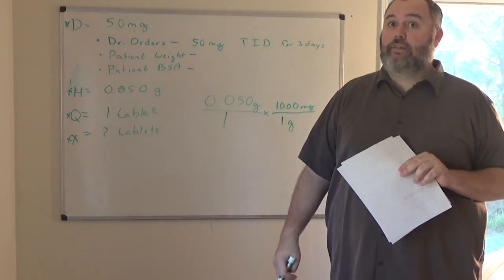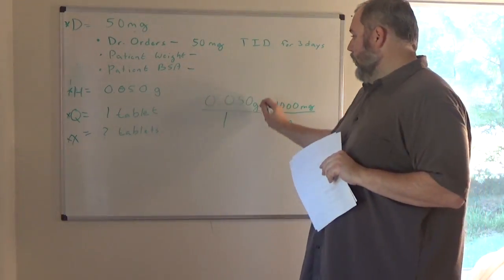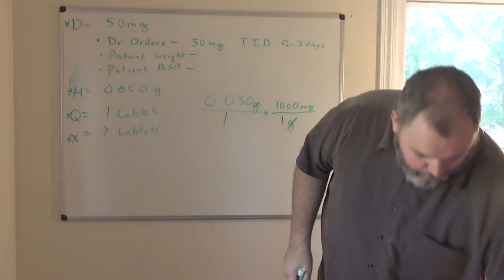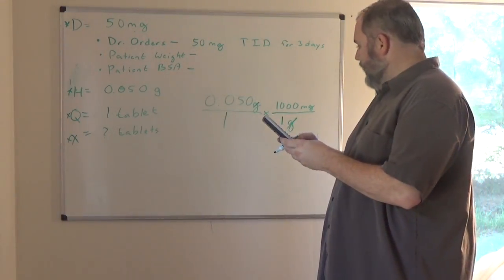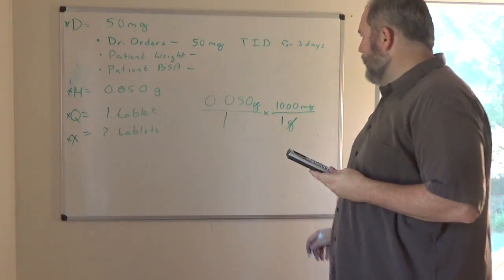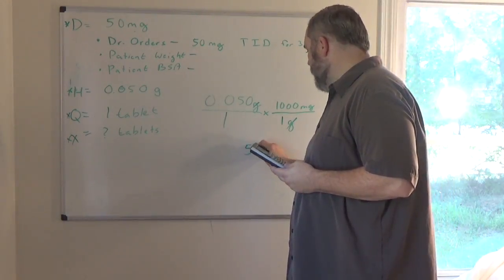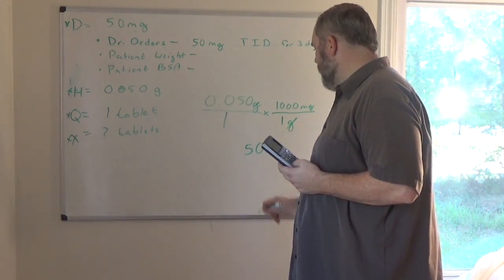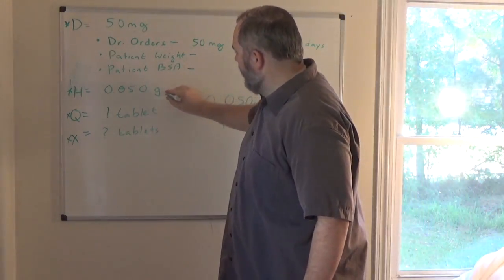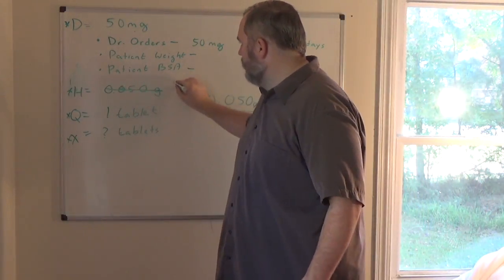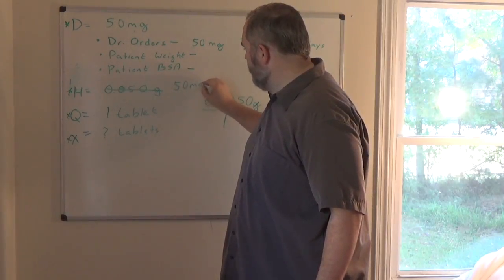We did the same conversion factor at the beginning. Grams cancels out. Let's do the multiplication here. 0.050 times 1,000 gives me 50 milligrams. So my H is actually, I'm going to cross this out, 50 milligrams.